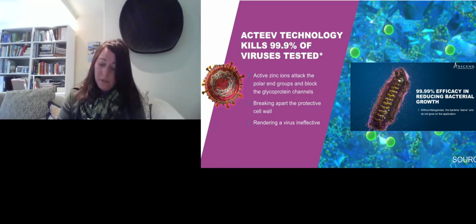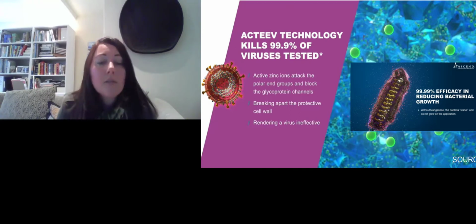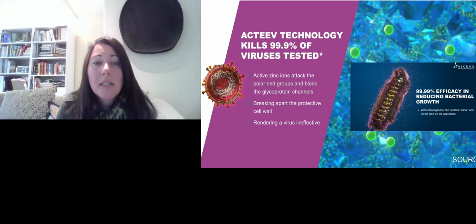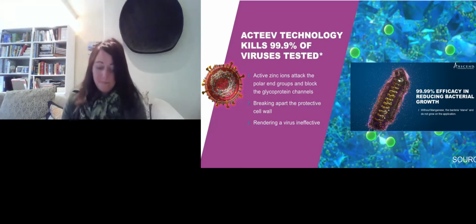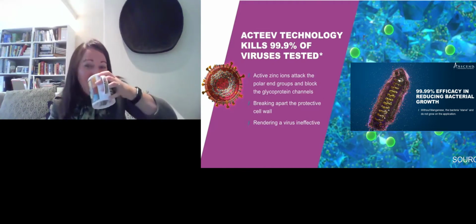If there's any more information, I can connect you with them, or just reach out to Ascend directly. That's Ascend Performance Materials, headquartered in Houston, Texas. They also do testing in Florida.